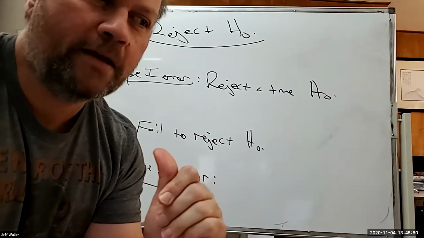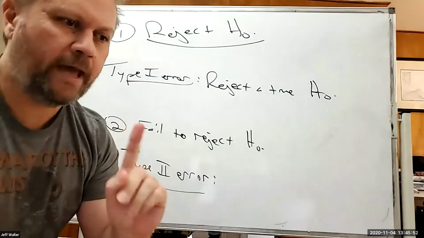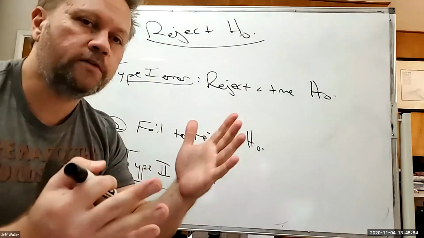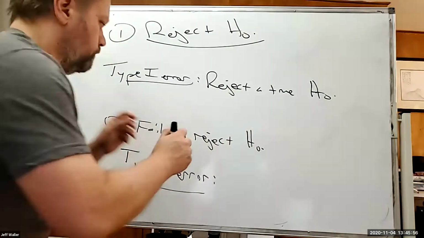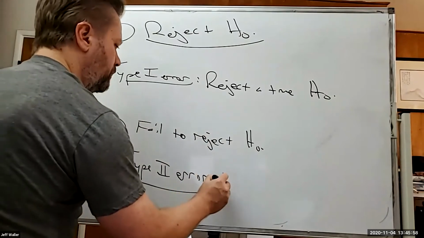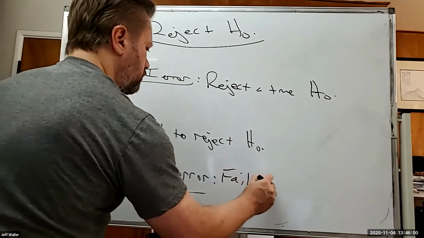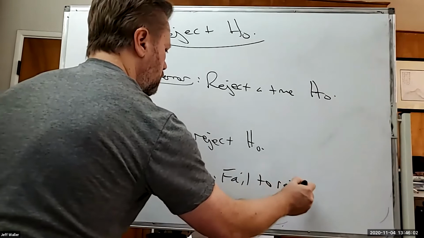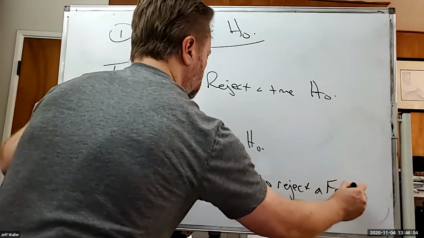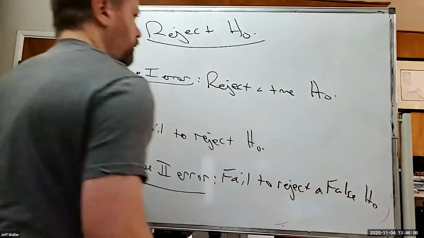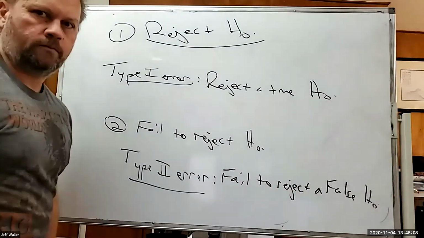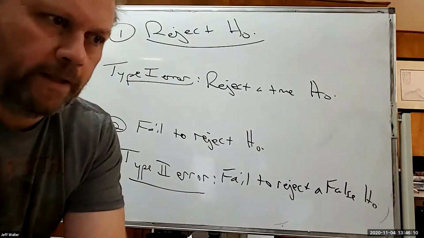Yes. All right. So when is it bad to fail to reject it? When it's false. So type 2 error would be to fail to reject a false null. All right. I like it.